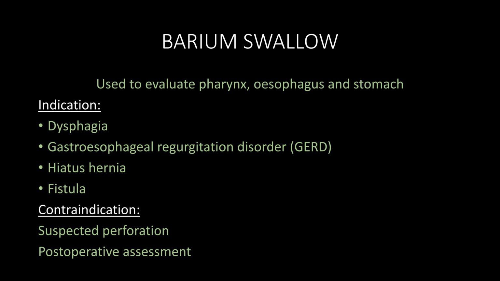Barium swallow is generally used to evaluate the upper gastrointestinal tract like pharynx, esophagus, and stomach to identify various abnormalities or pathologies in the pharynx, esophagus, or the stomach.